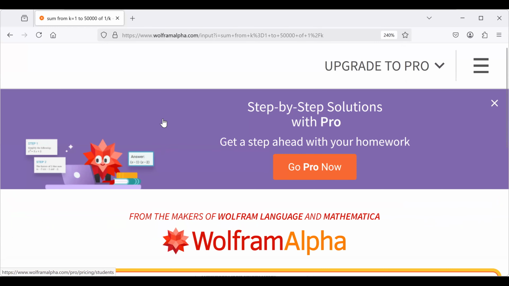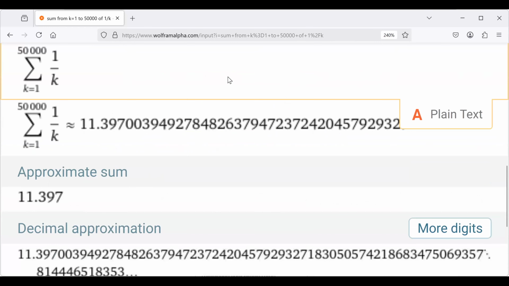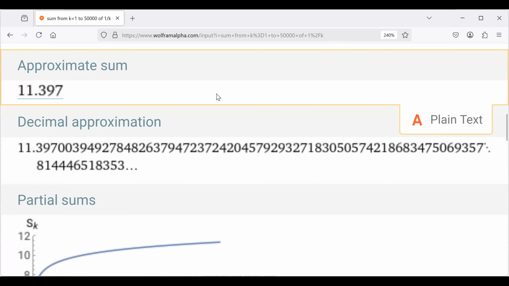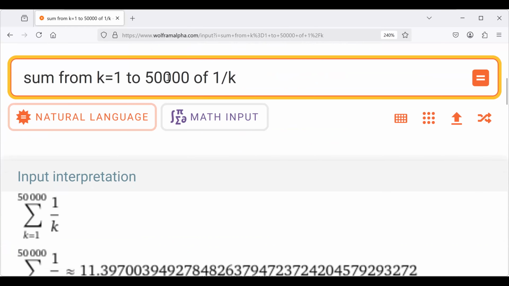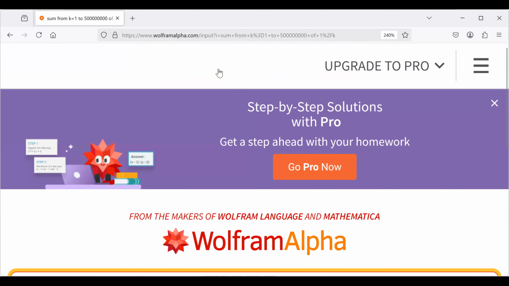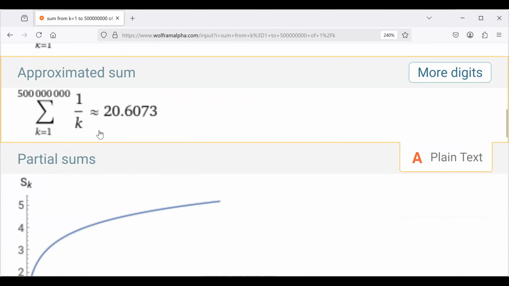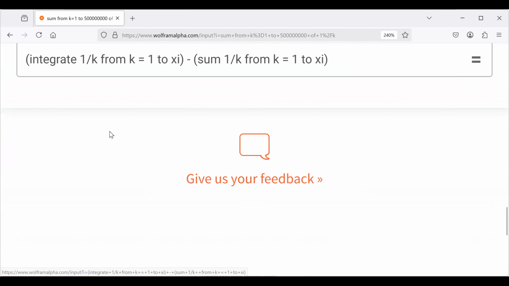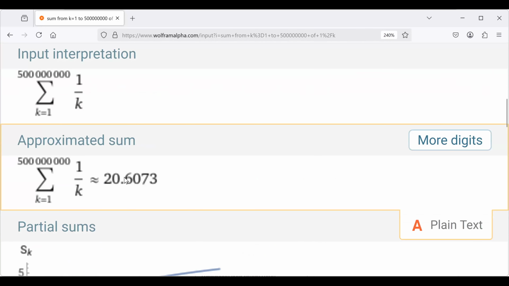If we go from 5,000 to 50,000, it will go from 9 to 11. But if we now go up, there we go. We can get it to about 20.